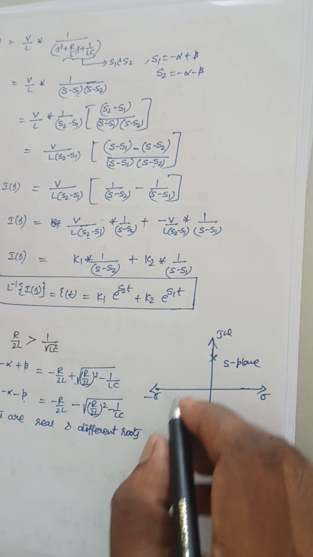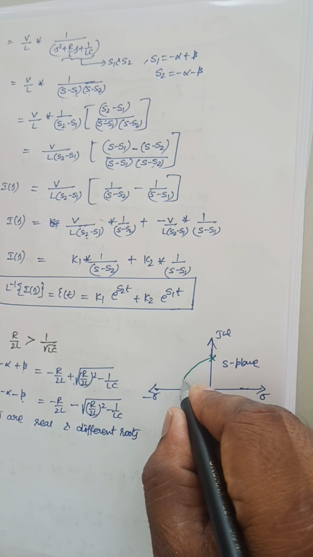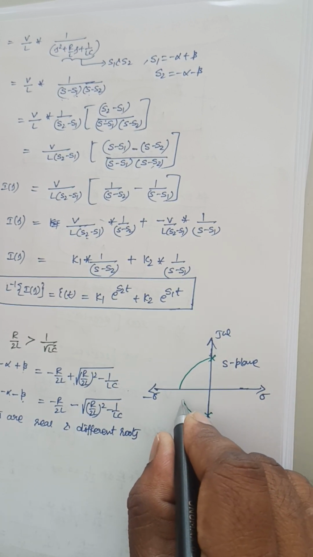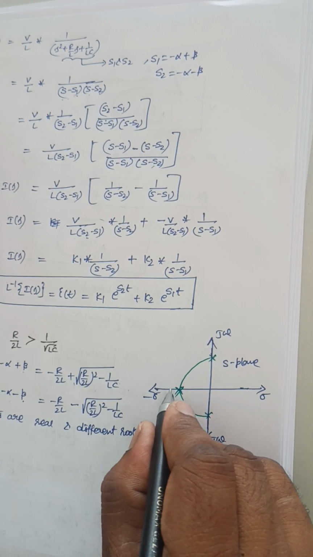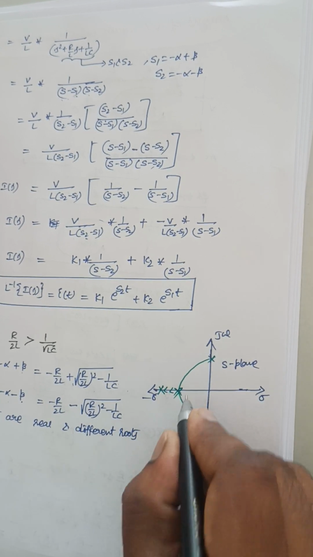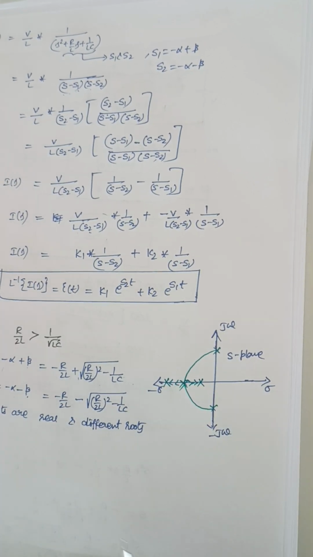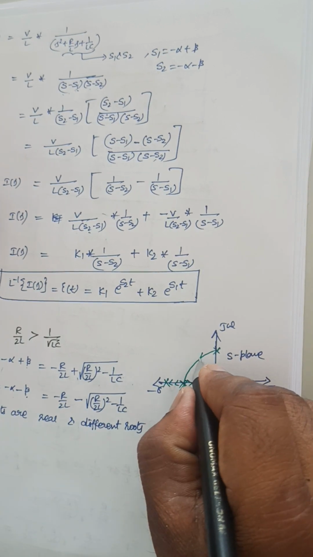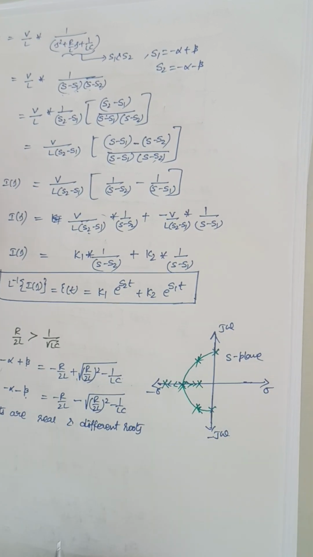If the poles are located in between, one pole will move in this direction and another pole in this direction, and they will collide.